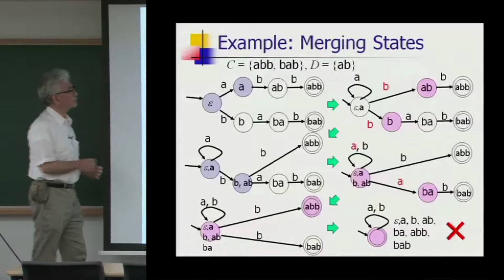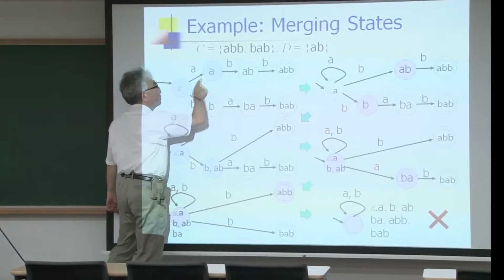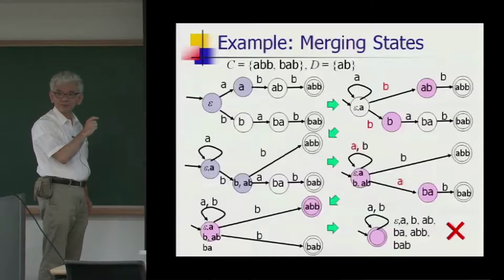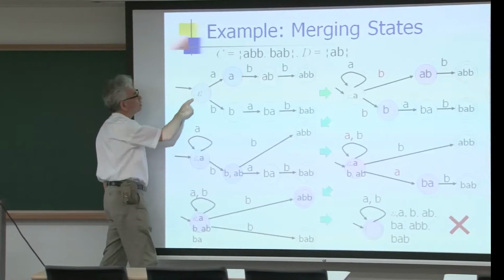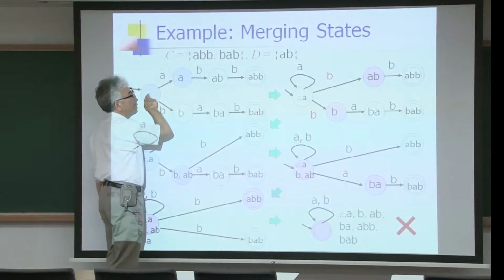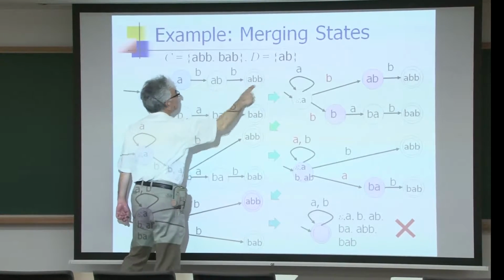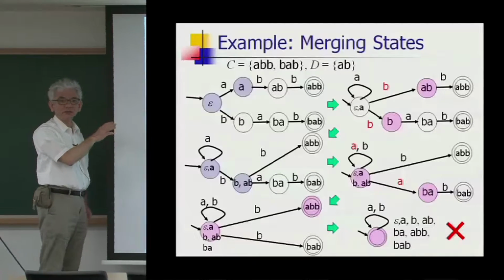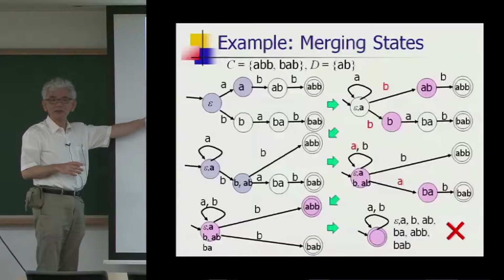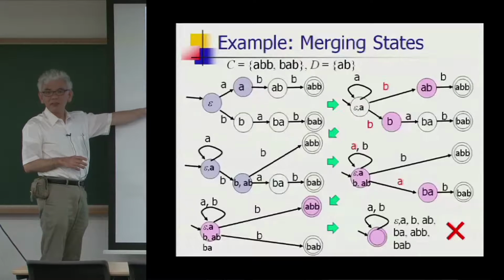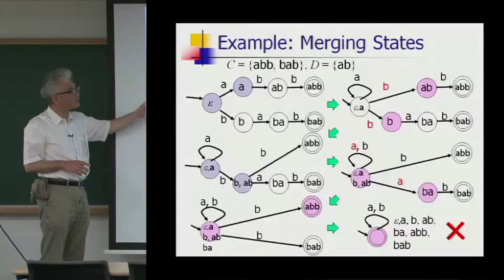The states correspond to the prefixes of each positive example. And so we have exactly one path from the starting state, the initial state, to the final state. And the final state is a leaf. Such a data structure is called a prefix tree or trie in the algorithm world. So we say that this is a prefix tree automaton.